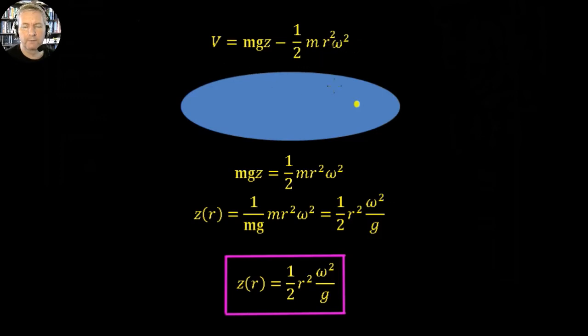But remember, when we've started rotating this bucket at a constant angular velocity, we'll have a new shape for the surface of the water, and indeed for all of the water down below as well. And that new shape will be in an equilibrium position.